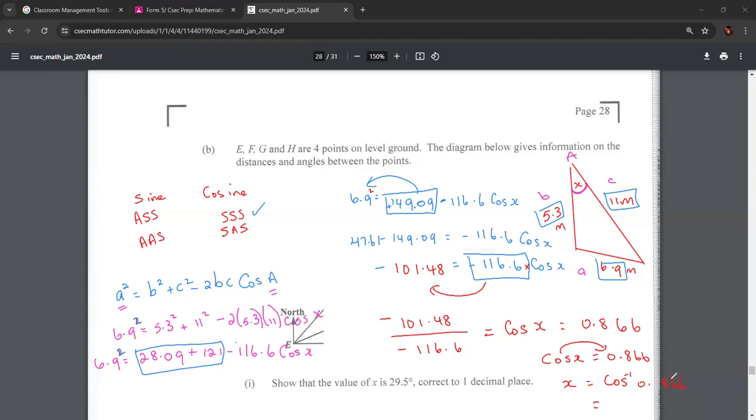So let's come back to here. So when we divide this, don't round it off. All right, so don't round it off, so we'll get their answer. So you have your 101.48 divided by 116.6.